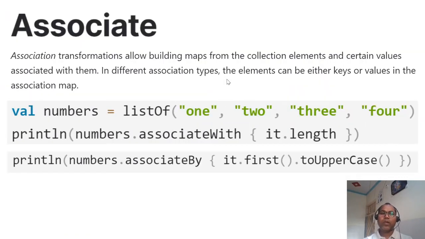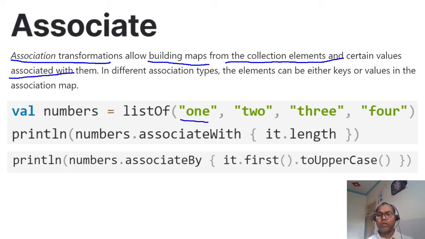Similarly we have another transformation known as association. Association allows building a map from the collection elements and certain values associated with them. Let's say we have 1, 2, 3, 4, and I just want to associate the length with each.